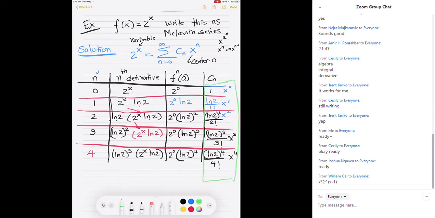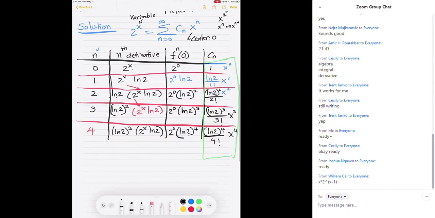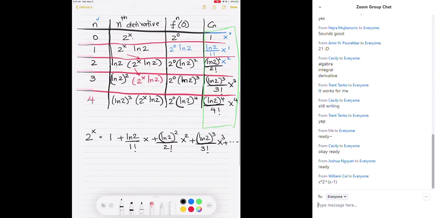I'm just going to say, okay, so 2 to the x seems to be 1 plus ln 2 over 1 factorial x, ln 2 squared over 2 factorial x squared, ln 2 cubed over 3 factorial x cubed, and so on and so forth. And then, as you said, Russell, the right word, the pattern.